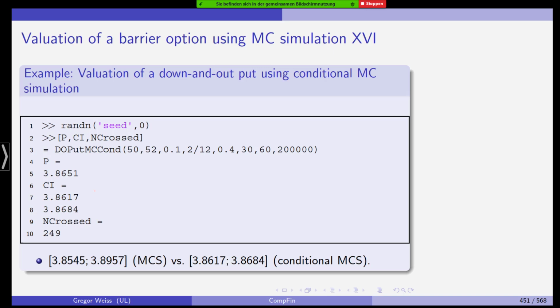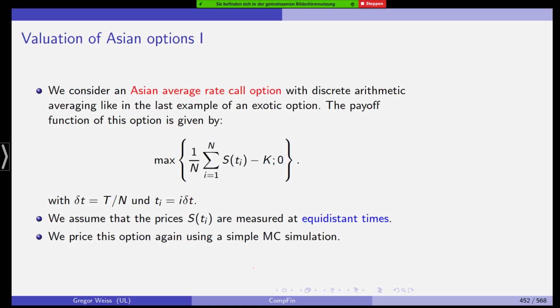And if we now do the conditional Monte Carlo simulation, it's 8617 and 8684. So yes, the confidence interval becomes much smaller for the conditional Monte Carlo simulation. Again, for most of these plain vanilla options, you don't need Monte Carlo simulation. You can simply use the analytical formula from Lex-Goltz.